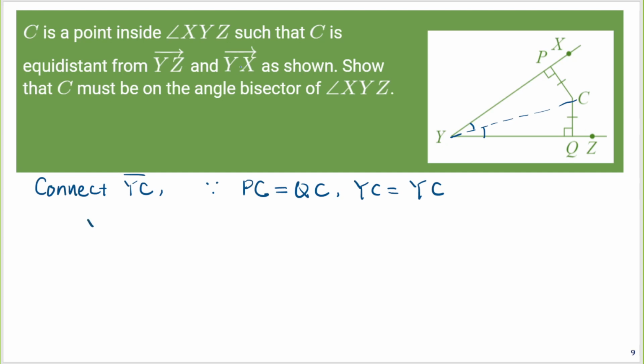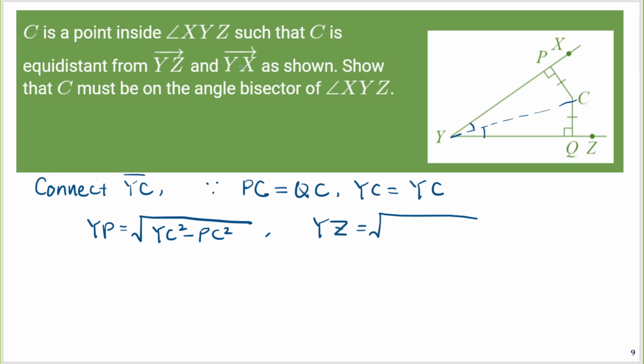And we also know YP is the square root of YC squared minus PC squared, and YQ equals the square root of YC squared minus QC squared, right? Therefore, we know YP must equal YQ, right?